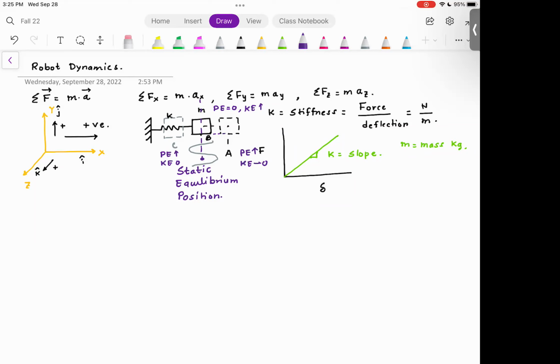So first, for this simple problem, let me derive the equation of motion using Newton's law. I'm going to think about it like we have this spring mass system, and I'm going to draw the free body diagram.